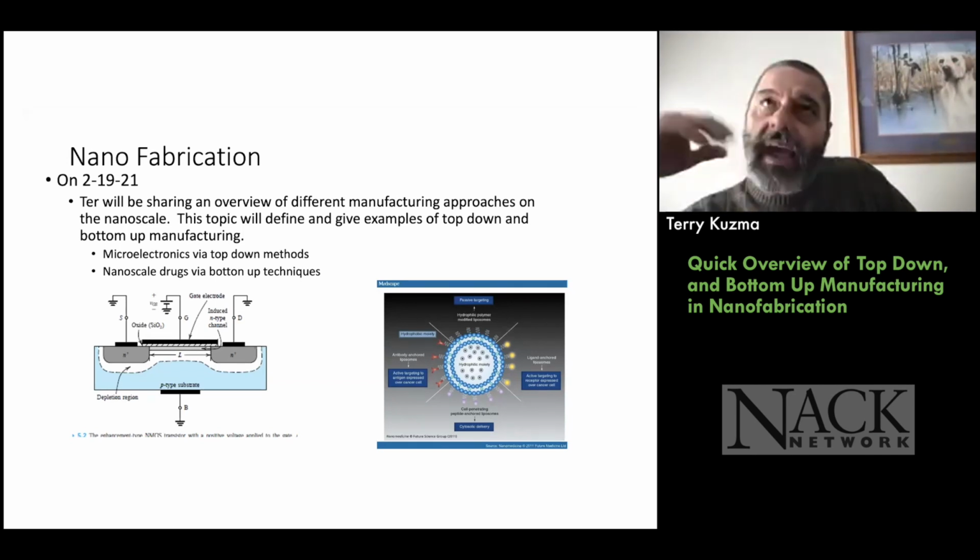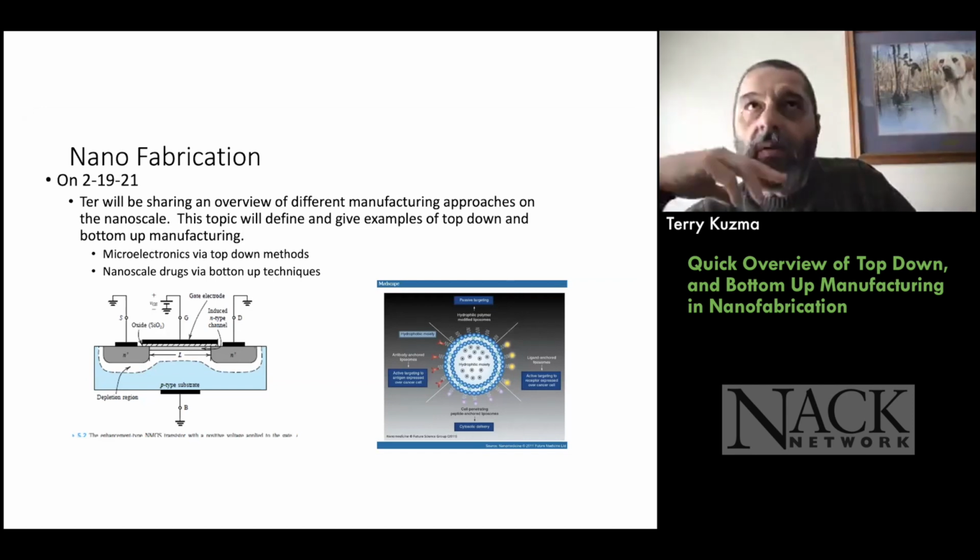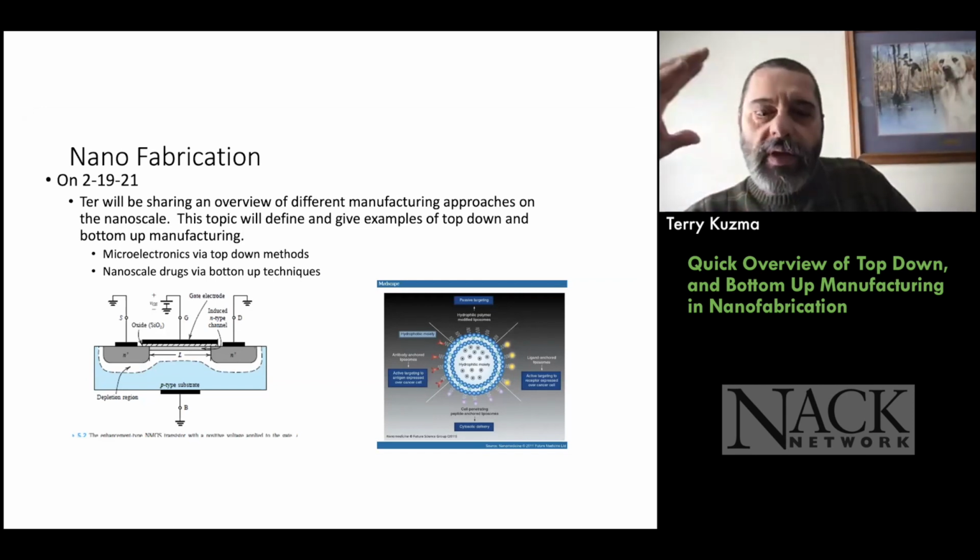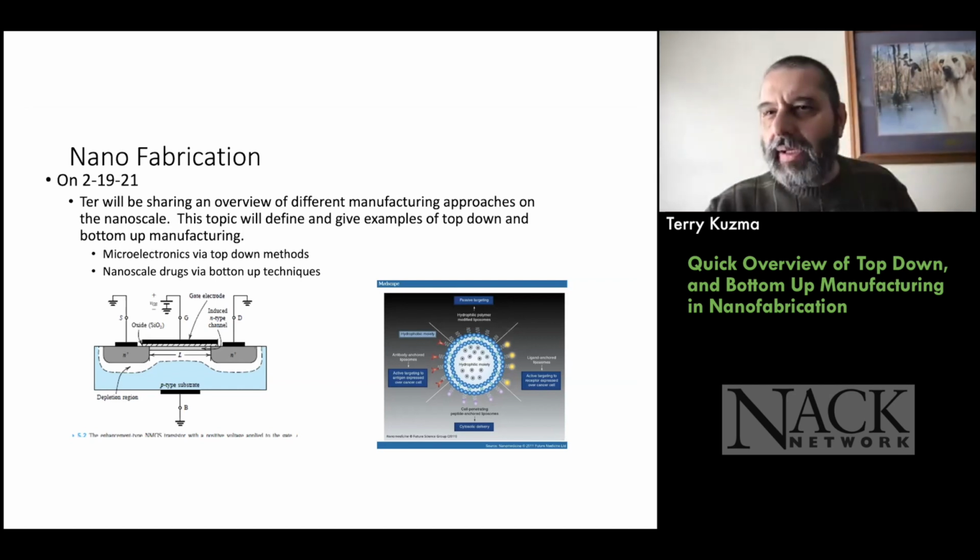Chemistry or biology or whatever was beyond the ability for people to grasp because it was so small, and there wasn't a lot of money really driving it.